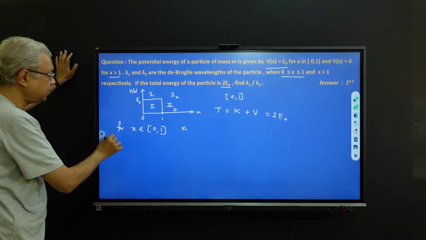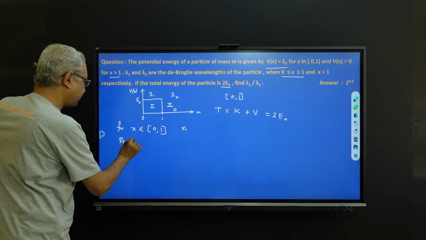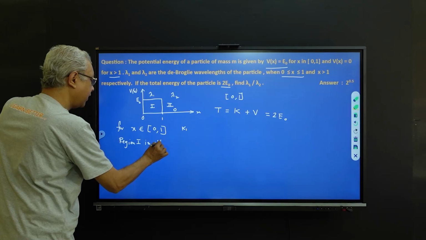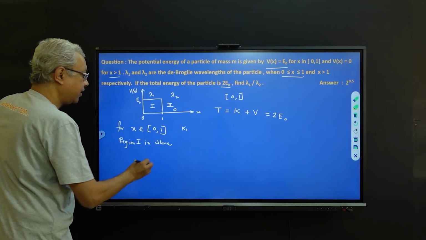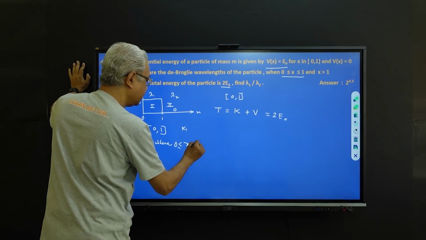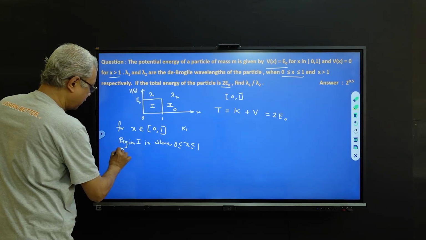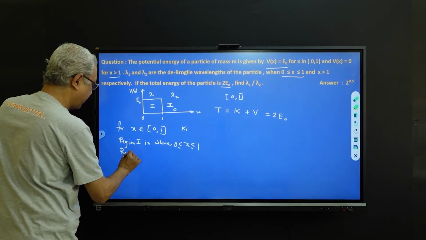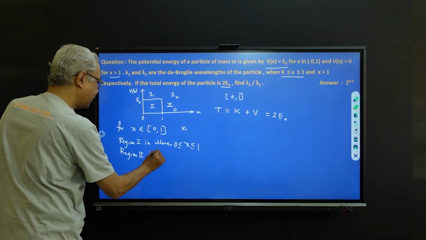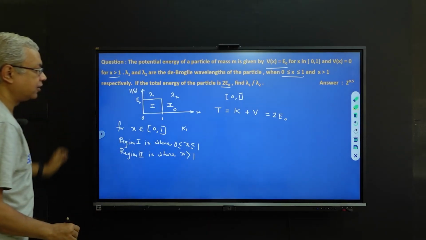So region 1 is where x is greater than or equal to 0 but less than or equal to 1, and region 2 is where x is greater than 1.